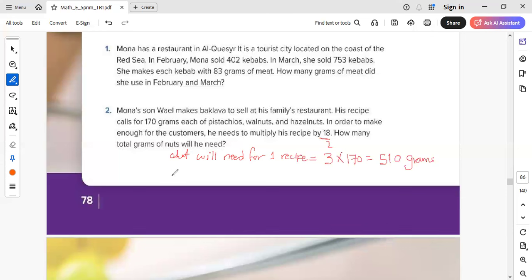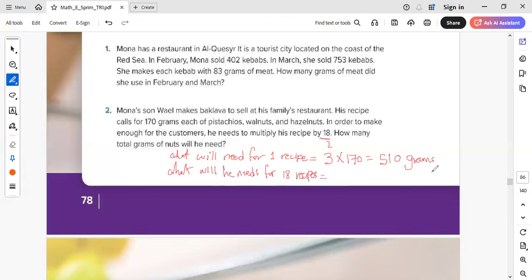So now we can get what he will need for 18 recipes. What will he need for 18 recipes?